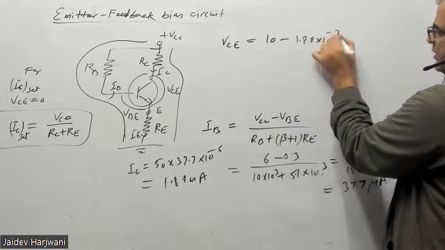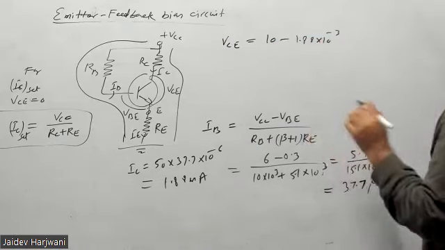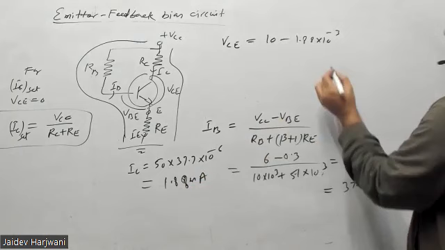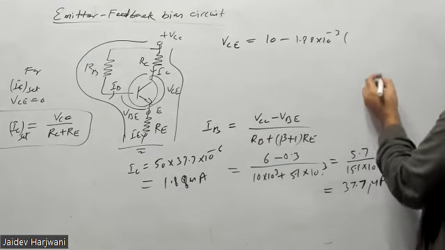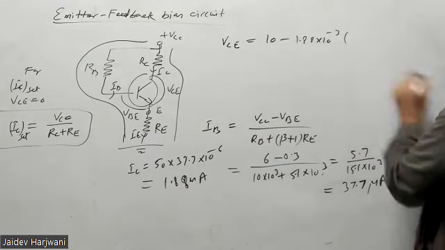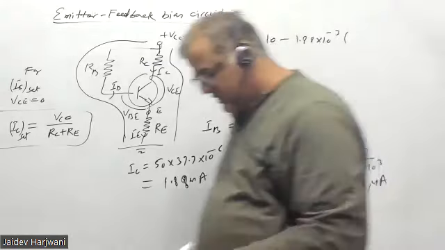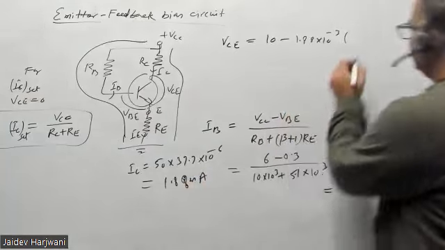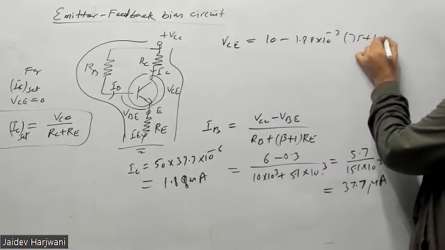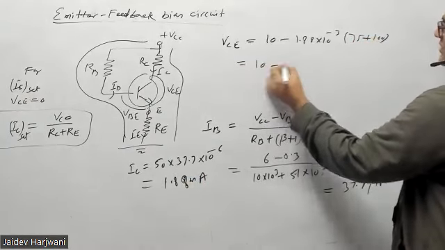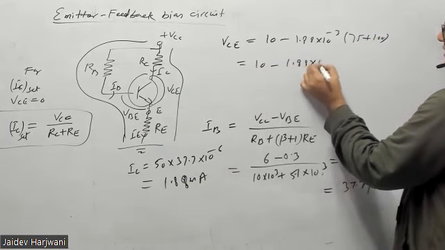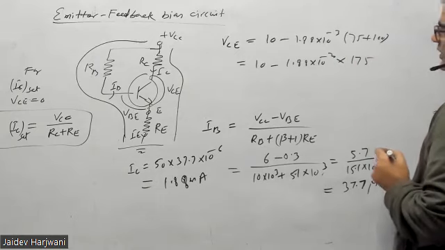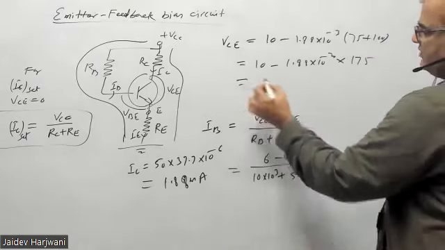Please, others also check the calculation. I'm believing you and doing the calculation accordingly. Then you have RC plus RE. RC was 75 ohm and RE 100, so 75 plus 100 is 175. So 6 minus 1.88 times 10 to the power minus 3 times 175. Tell me how much is coming VC.